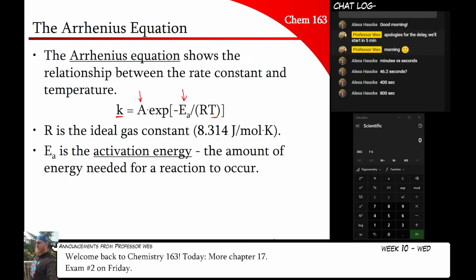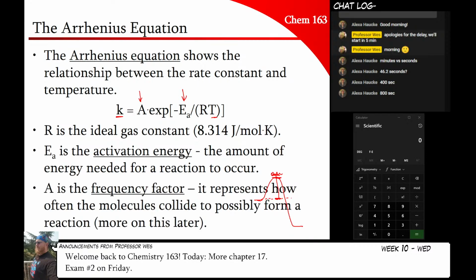So if you remember from energy diagrams, we have something that looks like this. The activation energy would be this hump right here. I meant to draw the line here, actually, but how tall that hump is depends on a variety of factors. Now, what about A?